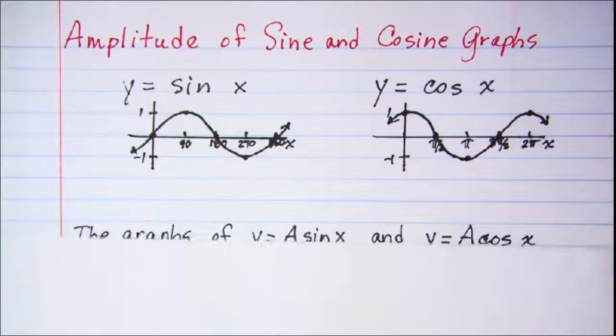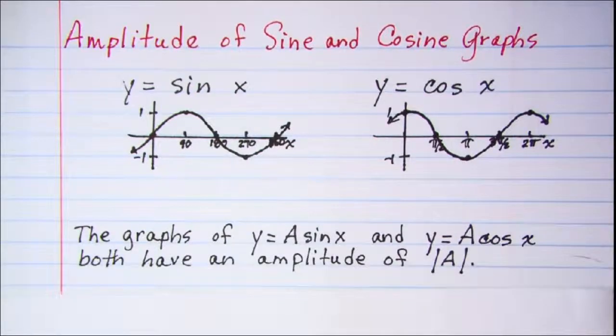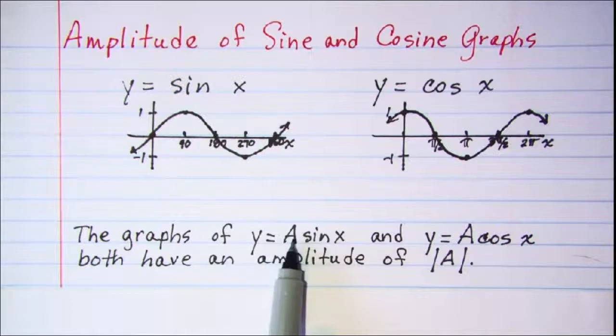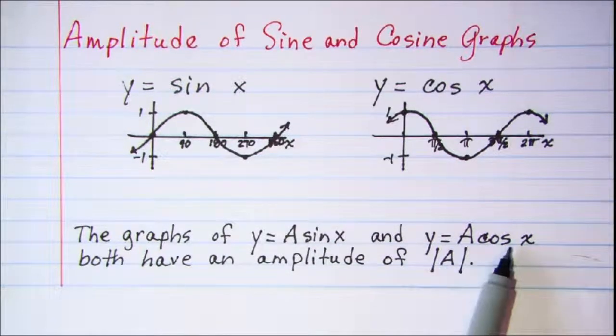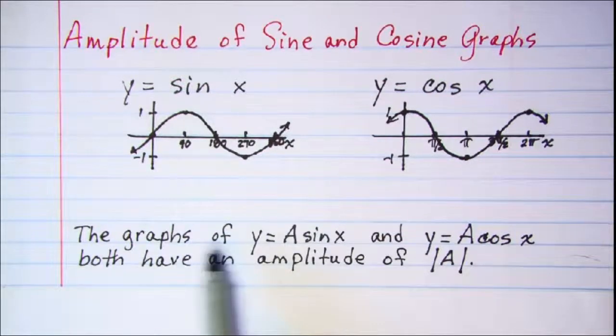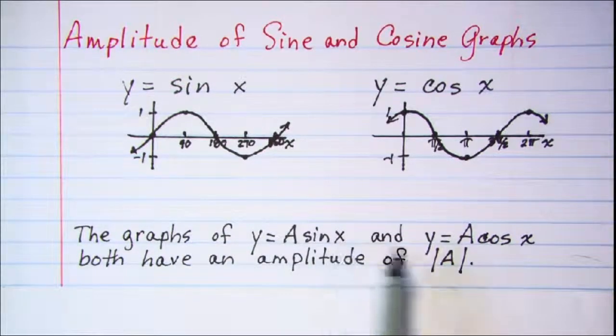So let's look at a few equations that have a numerical coefficient in front of the sine or in front of the cosine. The graphs of y equals a sine x and y equals a cosine x both have an amplitude of the absolute value of a.